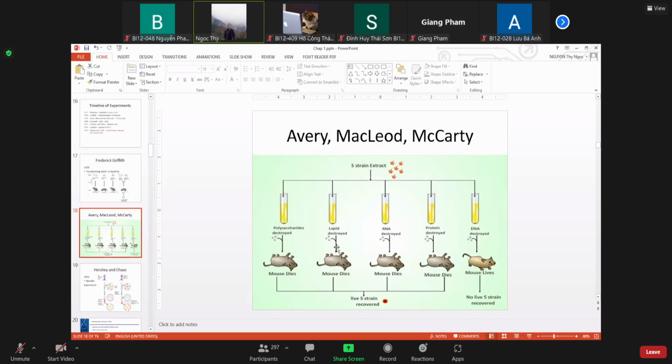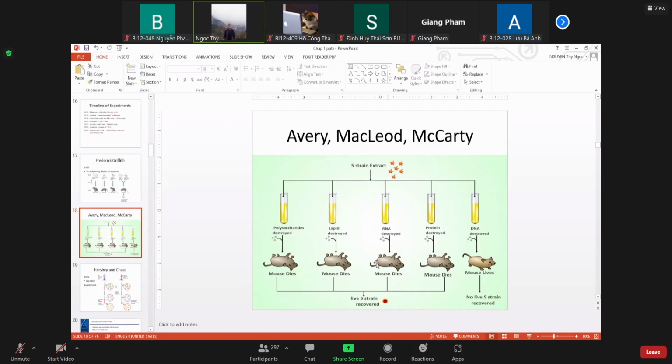In the next experiment, they injected the type S treated with the enzyme that destroys lipid. The mouse was also killed. In the third experiment, they mixed it with RNase, the enzyme that destroys RNA.